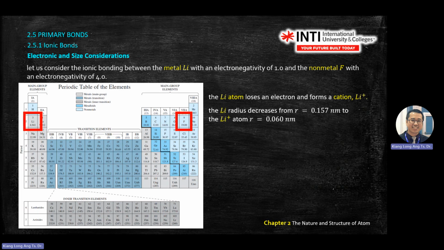Can you imagine? Initially there were 3 electrons to balance the 3 positive. But you give one away already, the stronger inner charge will pull the remaining electrons more inside. Radius becomes smaller, from point something to 0.06. Okay.